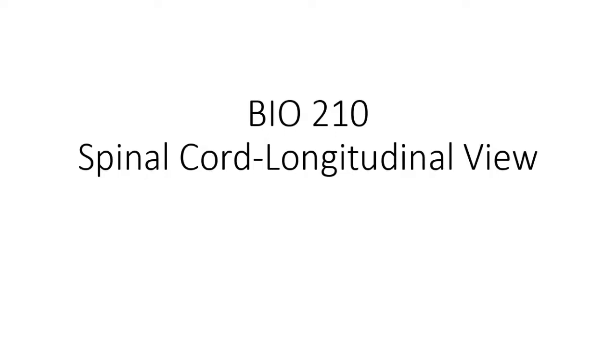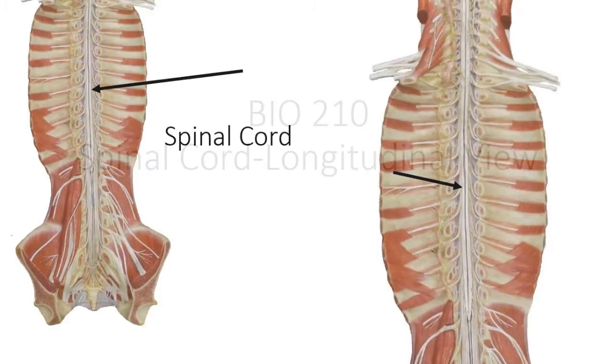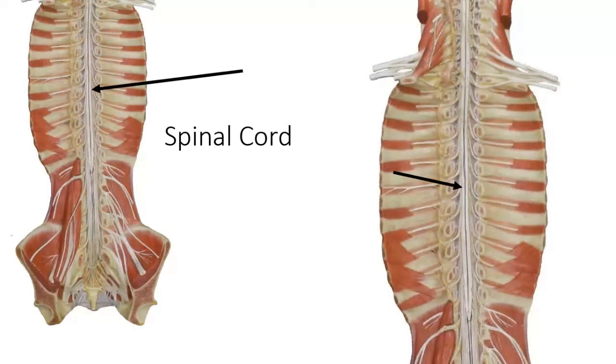Okay, so let's take out our atlas and let's label the longitudinal view of our spinal cord. First things first, I'll zoom in. All right, here is the spinal cord right here.